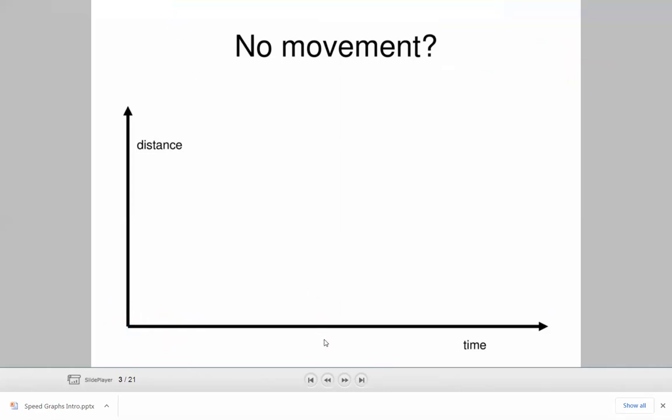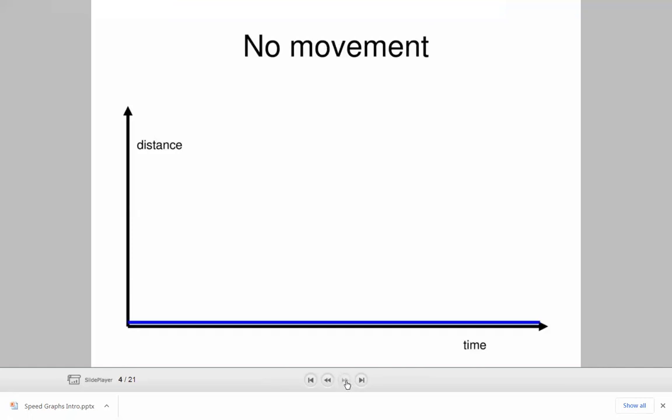Moving forward, a no movement object would have a straight line. Now, that straight line does not necessarily need to be at the axis. Let's suppose your car initially was at a mark of 30 kilometers, then you're going to have a straight line here.